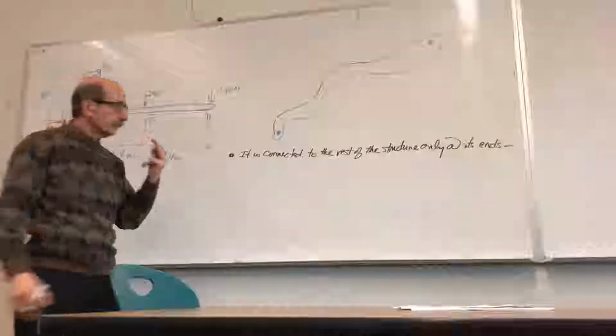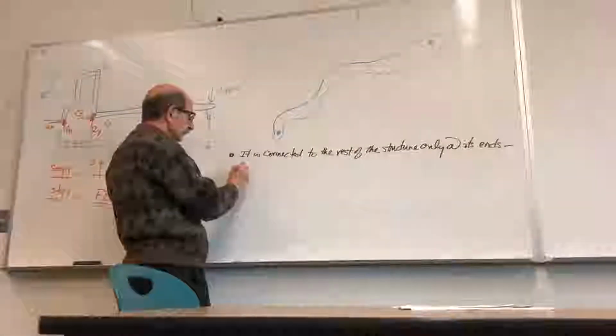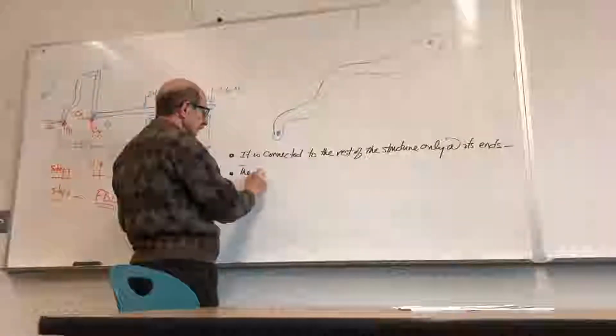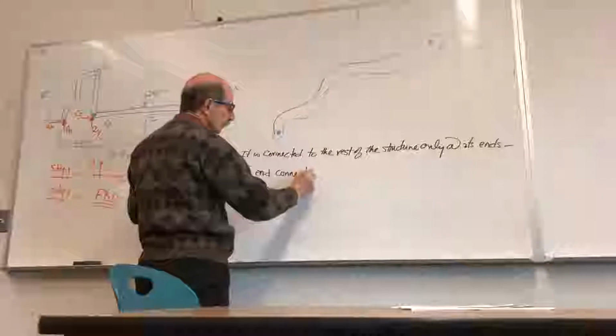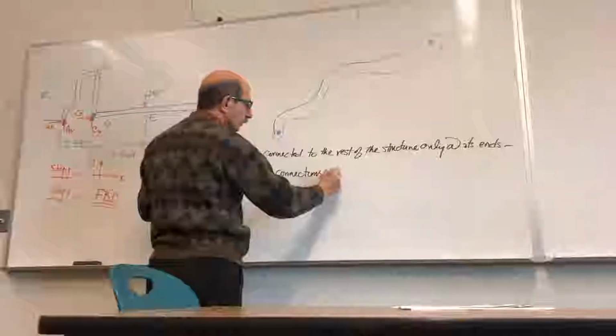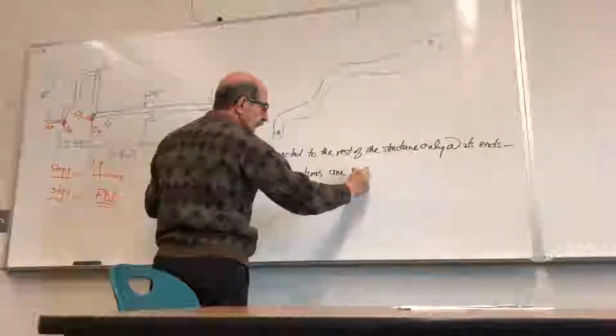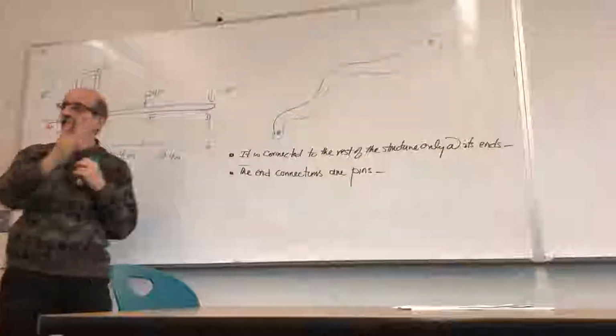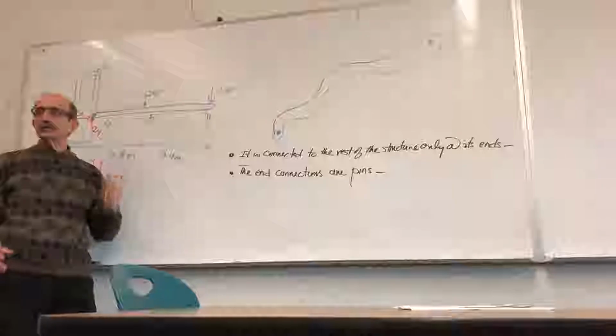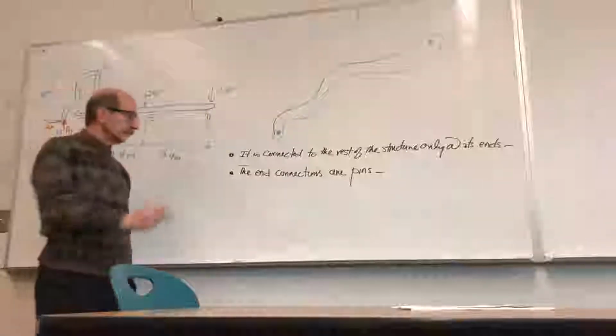Number one. Number two, the end connections are pins. You cannot have that point, for instance, fixed to the wall or fixed to the rest of the structure. It has to be a pin.